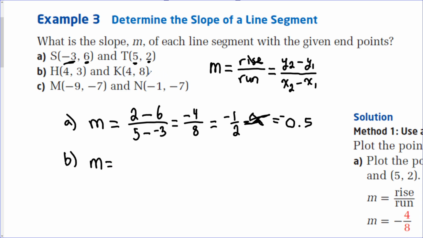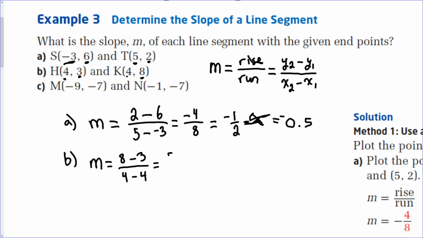So once again, it is y2 minus y1 divided by x2 minus x1. So my second y-coordinate is 8, and my first y-coordinate is 3. And I divide by my second x-coordinate, which is 4, minus my first x-coordinate, which is also 4. Uh-oh. Well, would you look at that?